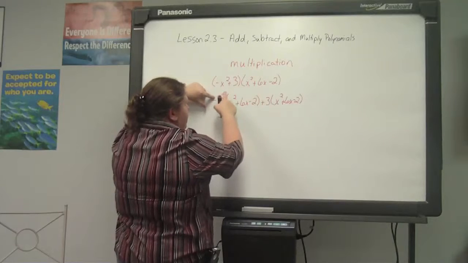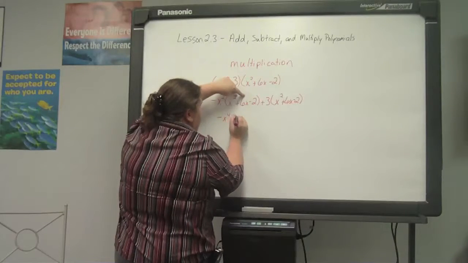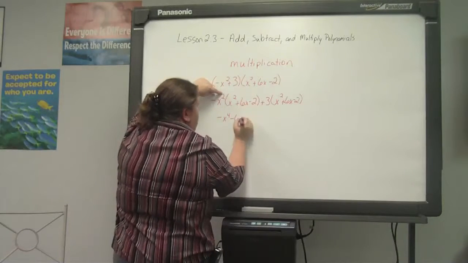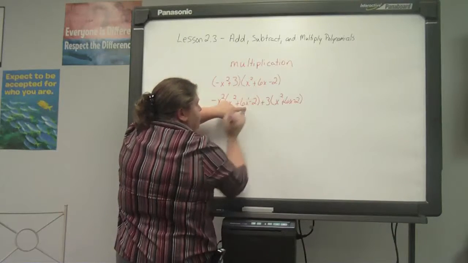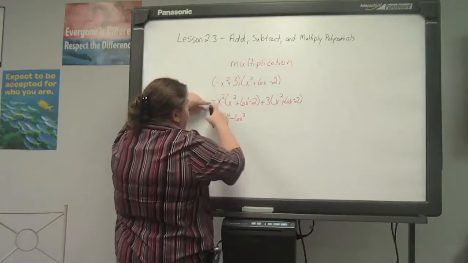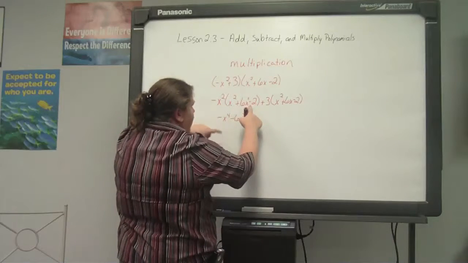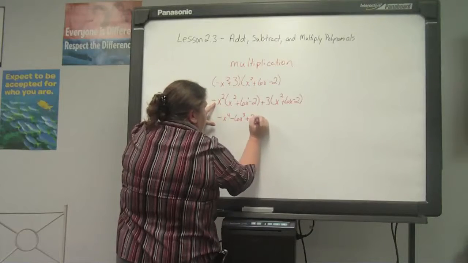A negative x squared times 6x, so that's going to give me a negative 6, and we have 2 plus 1, so x cubed. Because remember, x by itself is to the first power. A negative x squared times a negative 2, a negative times a negative becomes a positive 2x squared.